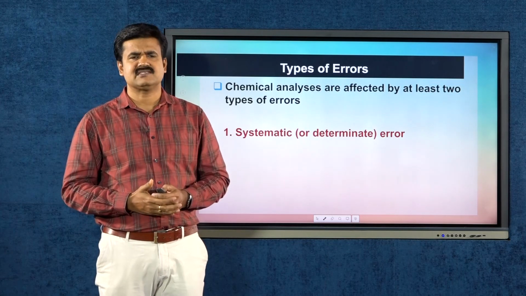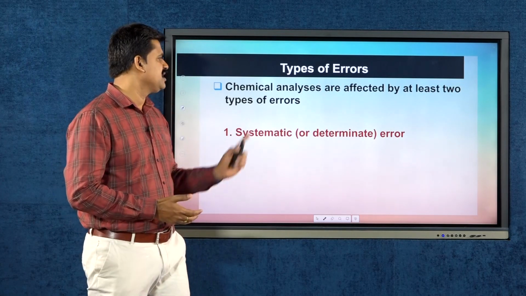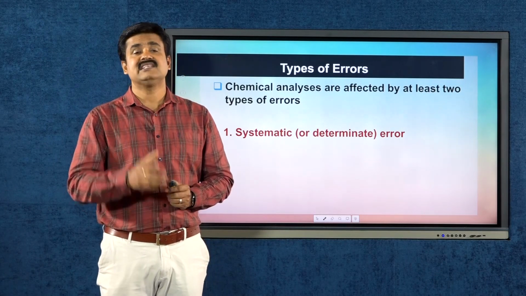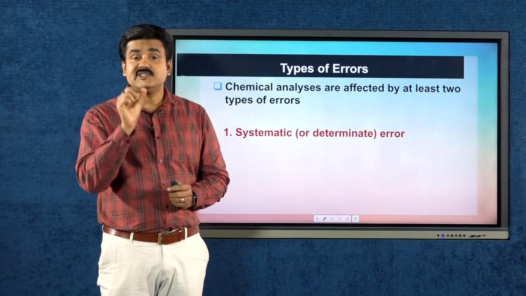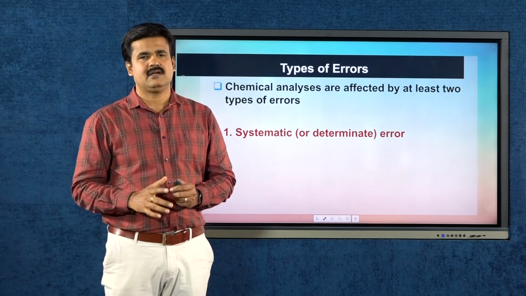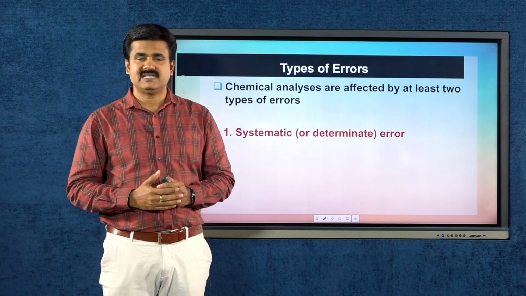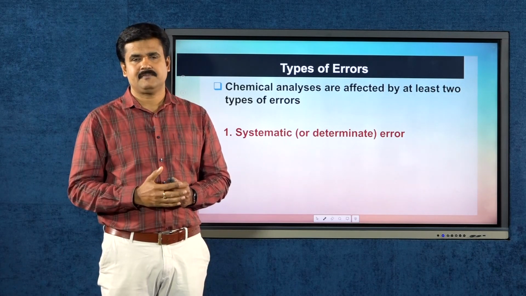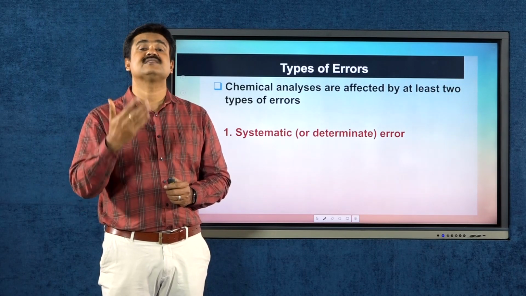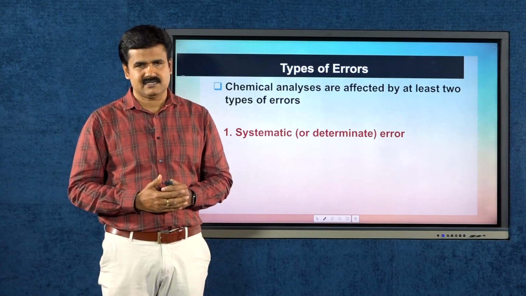The first one is systematic error. The systematic error is otherwise called determinate error. Everything is there in this title. Determinate error means you can determine the quantity of the error such that it is possible to rectify that error.